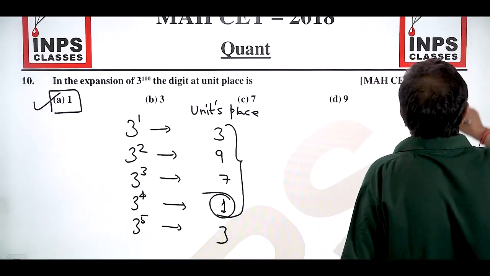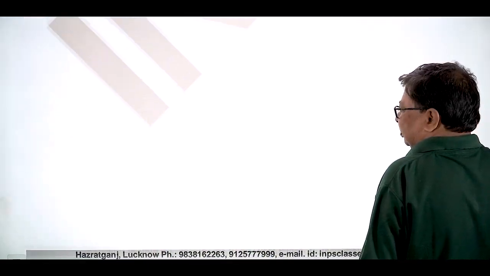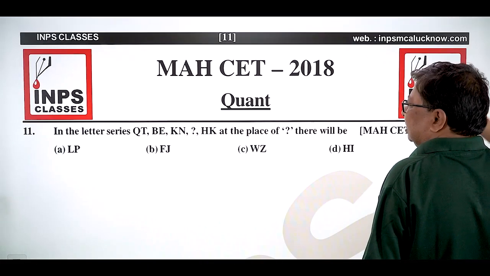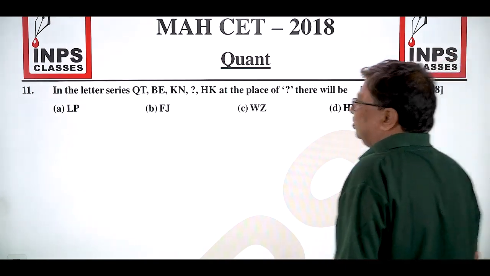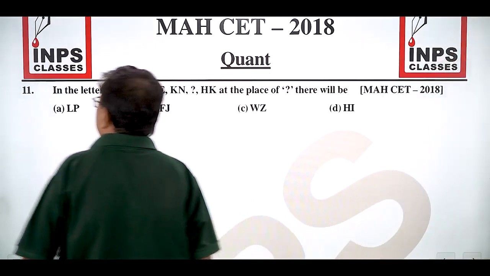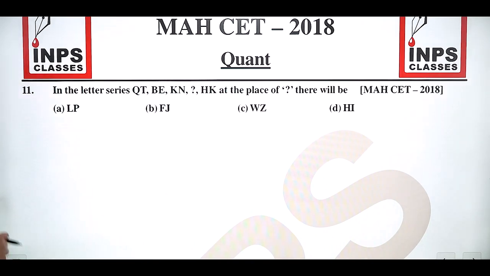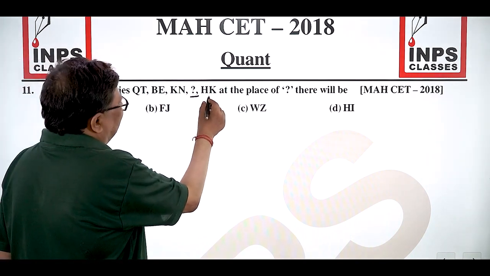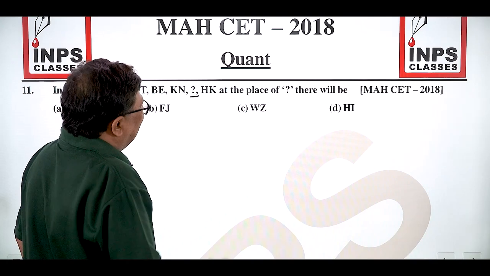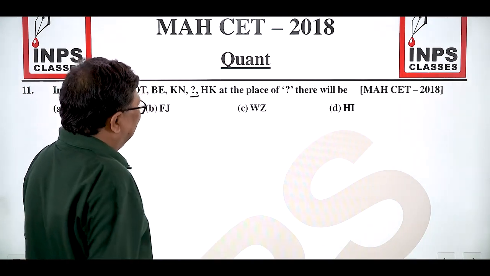Moving on to the next question. Question number 11. In the letter series QT, BE, KN, blank, HK, at the place of blank what will be.